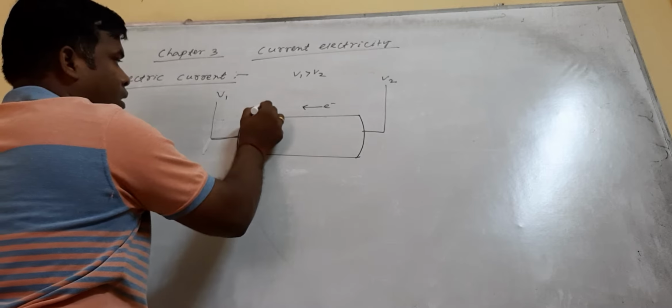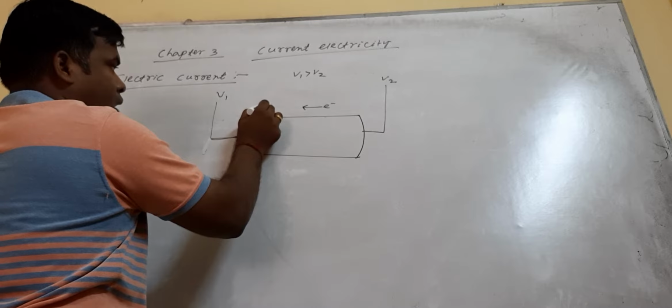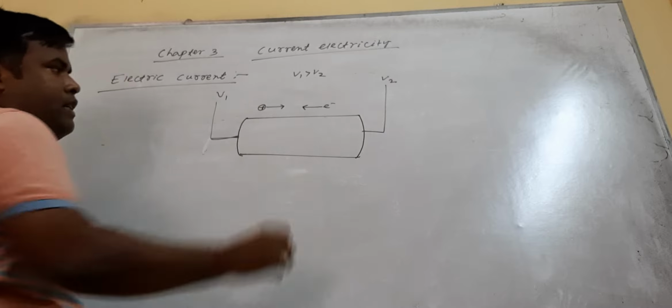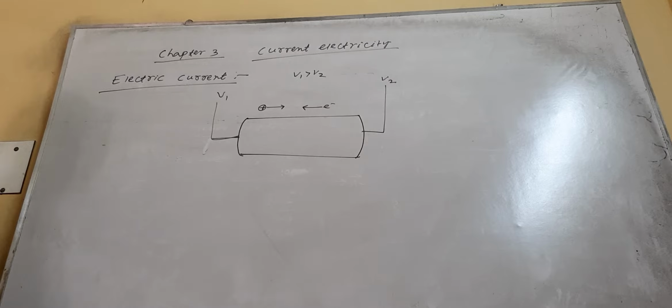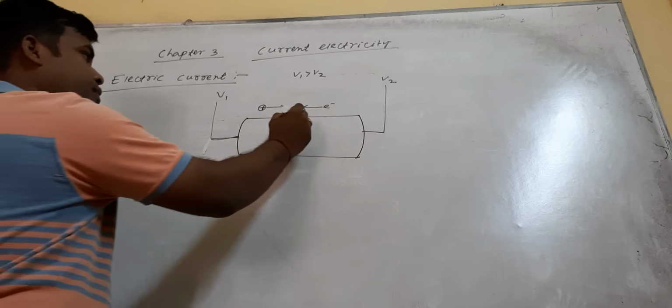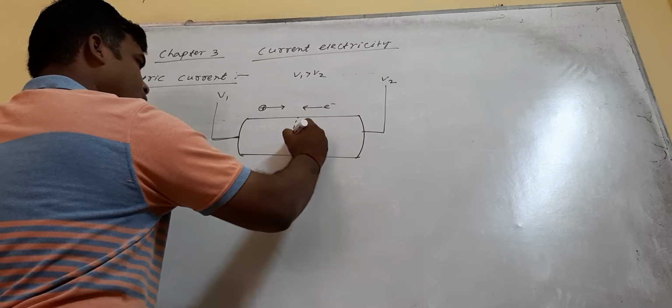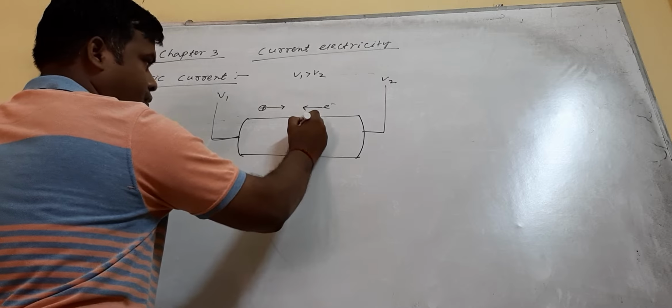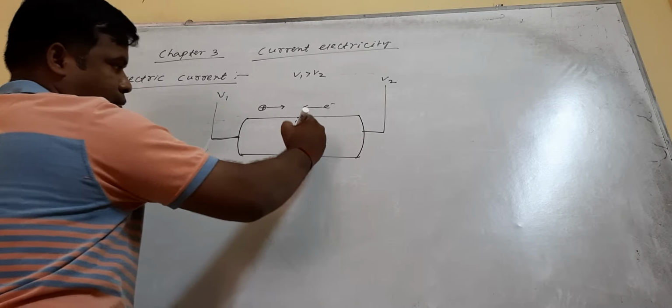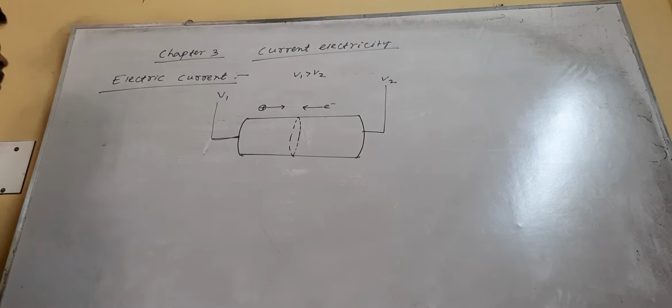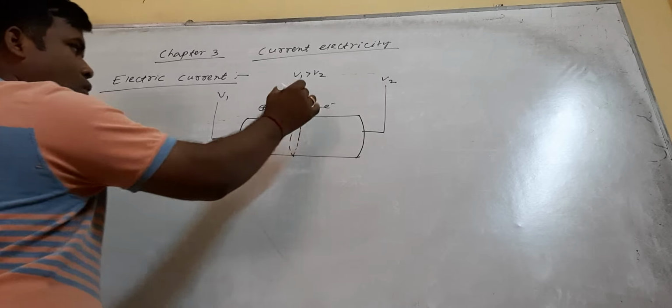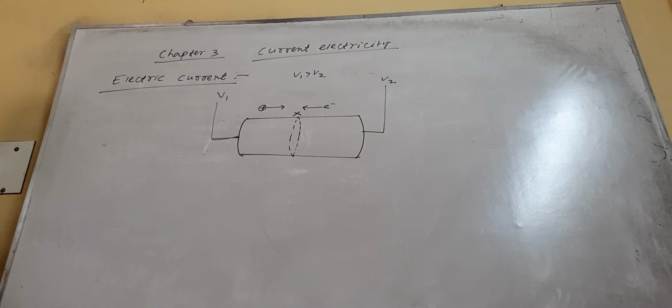Then we will assume an equal amount of positive charge moves from higher potential to lower potential. Now, if you consider a cross section here, what is electric current?